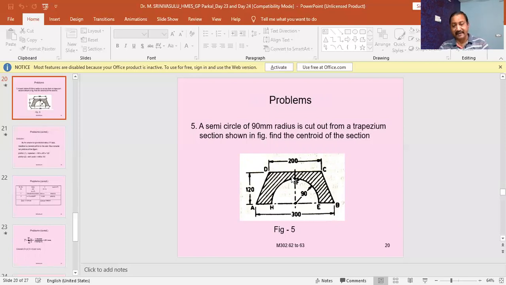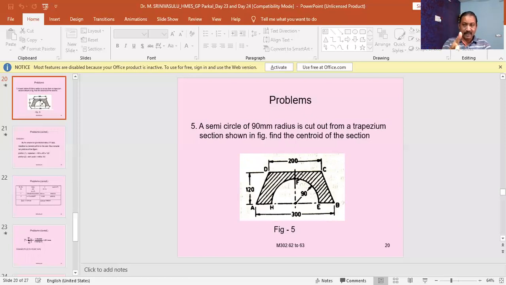And here one important thing is the given figure is symmetrical about the y-axis. Because it is symmetrical about the y-axis, the center of gravity or the centroid is lying on the y-axis.